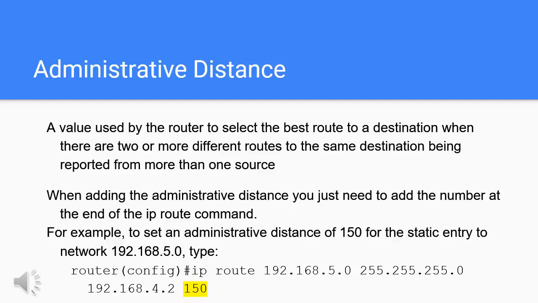Also, if you are using static routing as a backup to your dynamic routing, when you set the administrative distance for the statically configured IP route, you have to make sure that it is higher than the dynamic routing administrative distance.